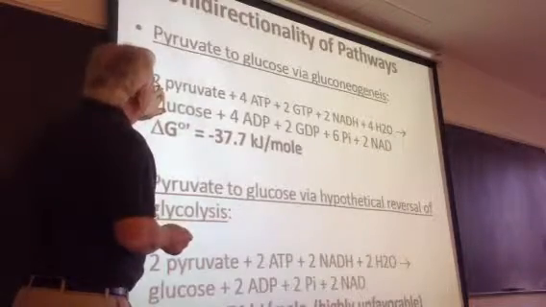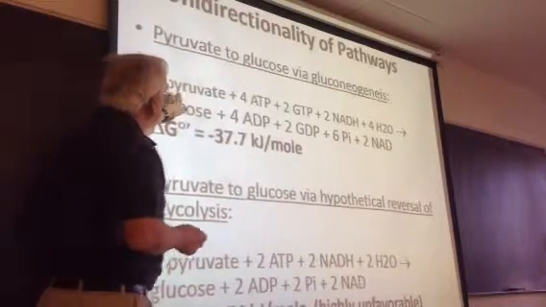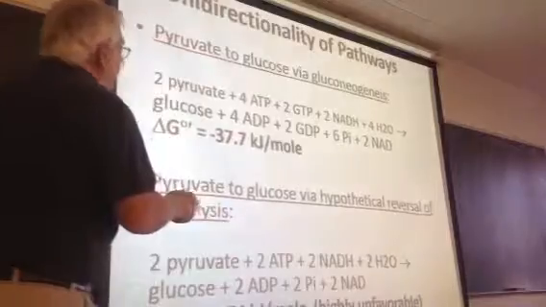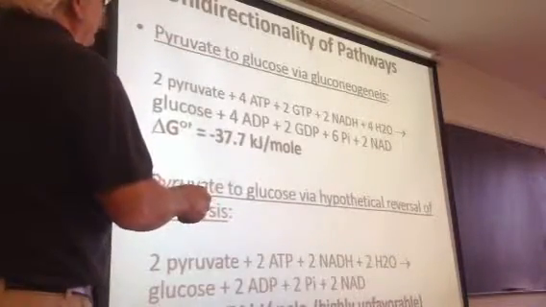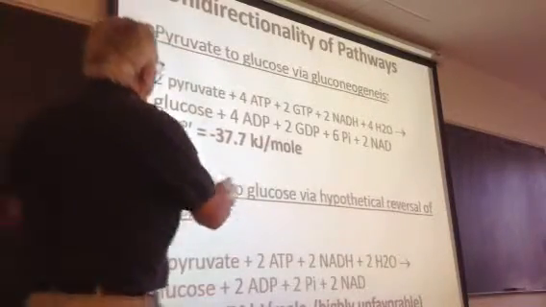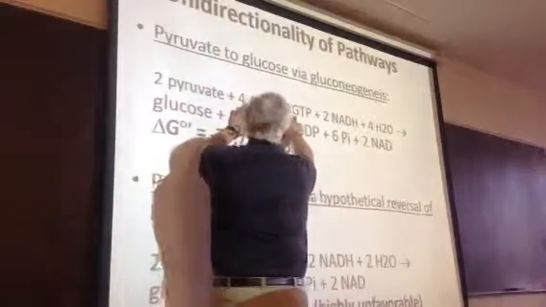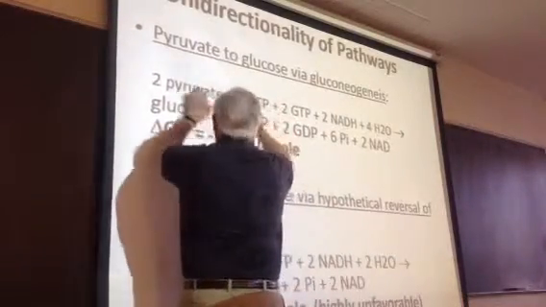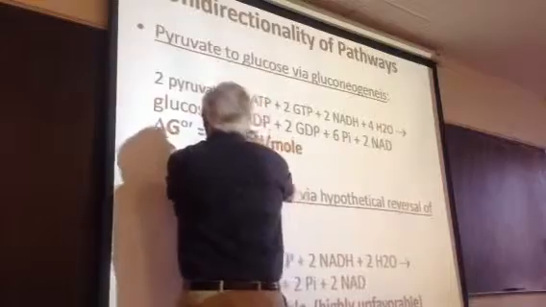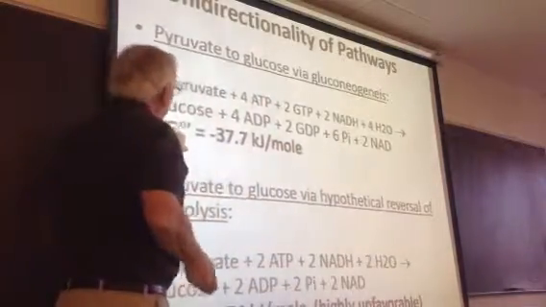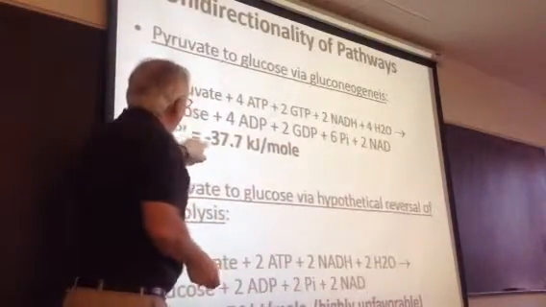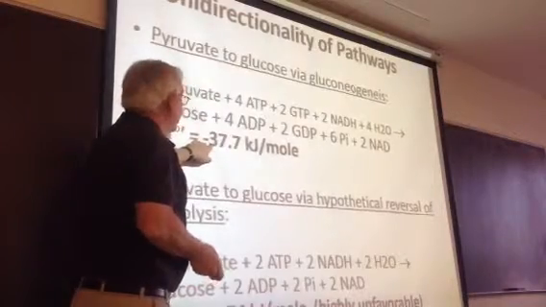This would be the net reaction. You're going to need a couple pyruvates, 4 ATPs, 2 GTPs. You're spending 6 ATP equivalents to convert pyruvate to glucose. The overall delta G for that process is quite negative, negative 37.